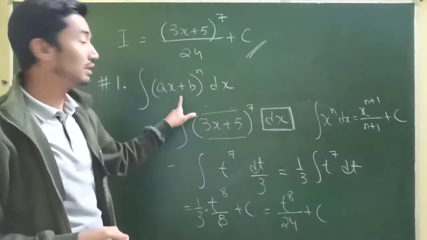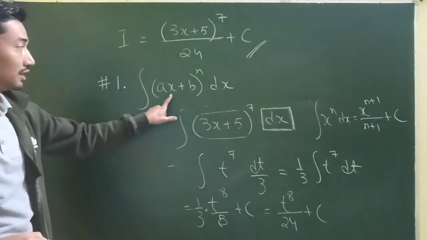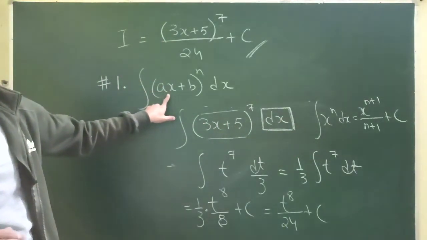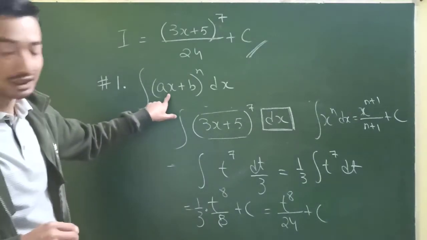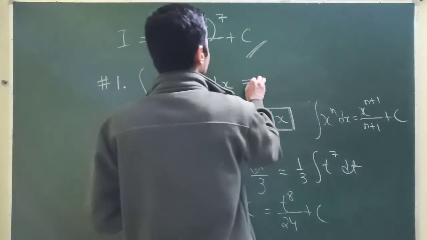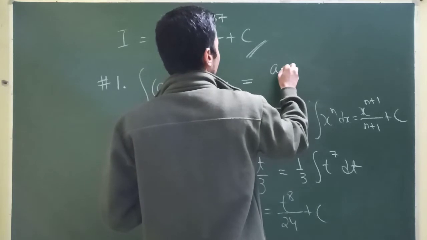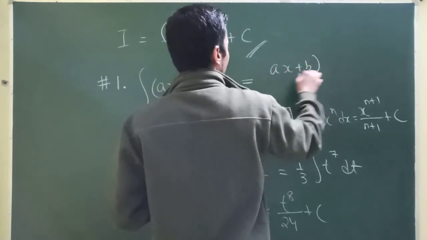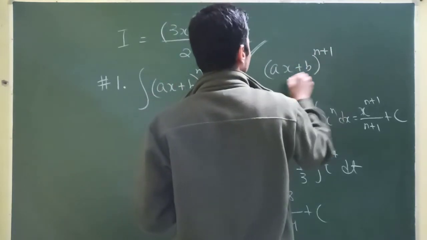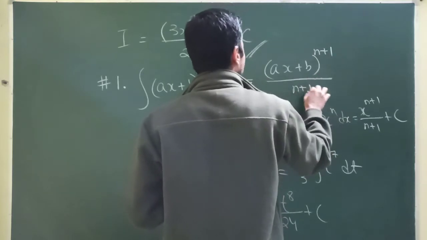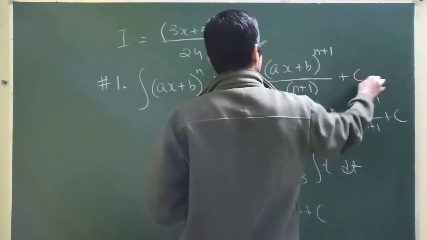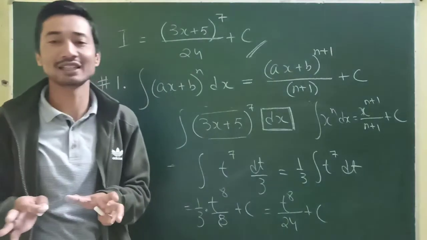I'm going to give you now this one. That is, a and b are arbitrary constants. So integration of ax plus b whole power n with respect to x will be ax plus b whole power n plus 1, divided by n plus 1. Almost the same, slightly the same concept like the chain rule.